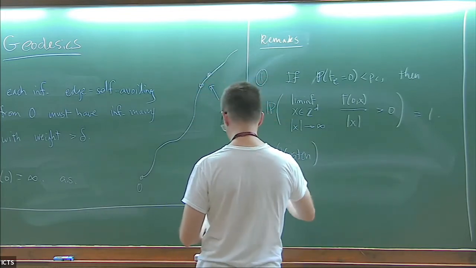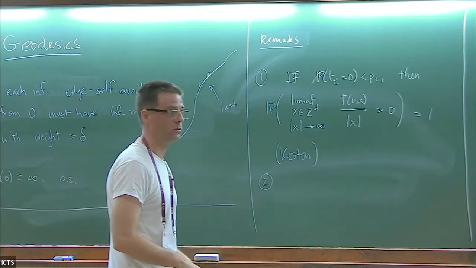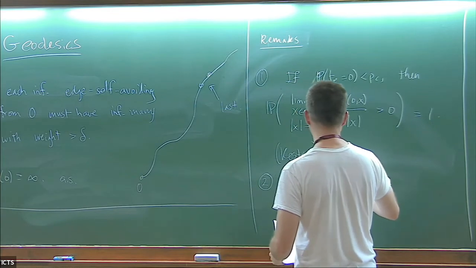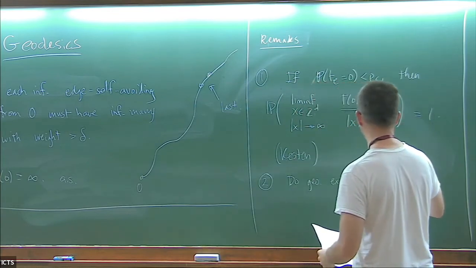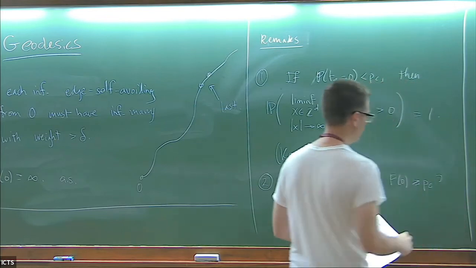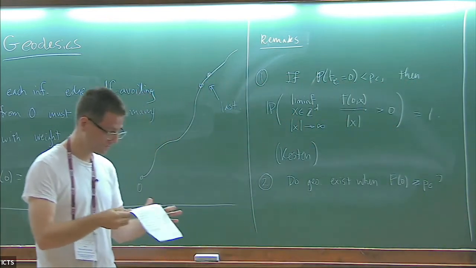Okay, second, then the question is, do geodesics exist when F0 is greater than or equal to PC? So the probability that T equals 0.